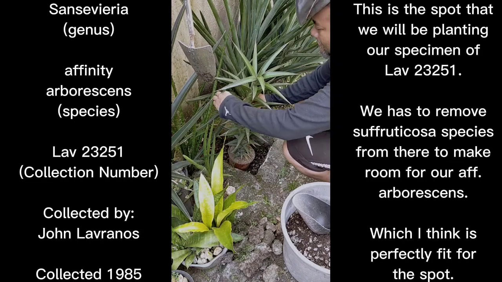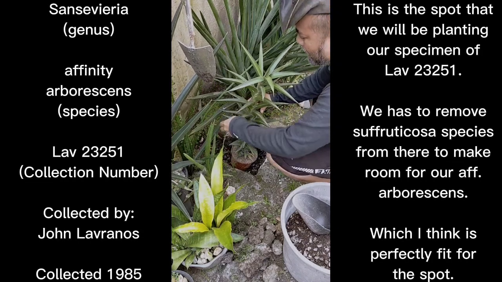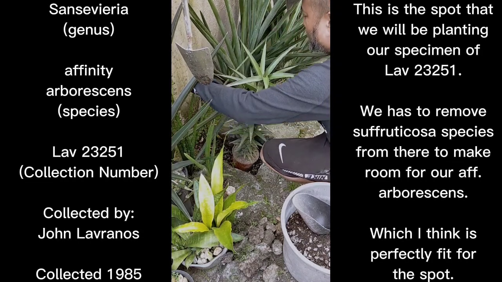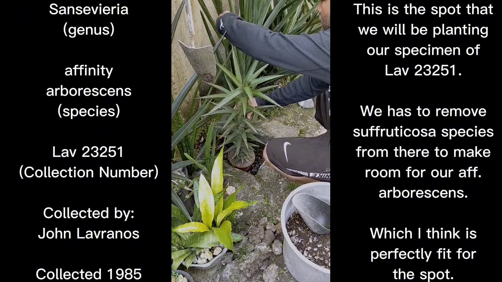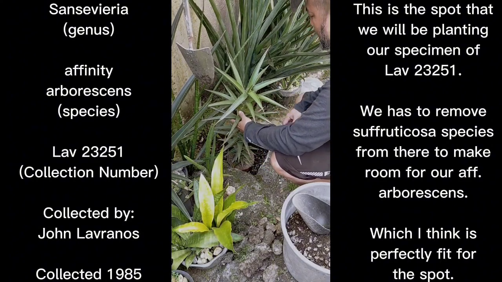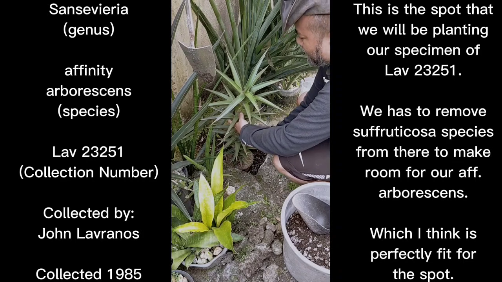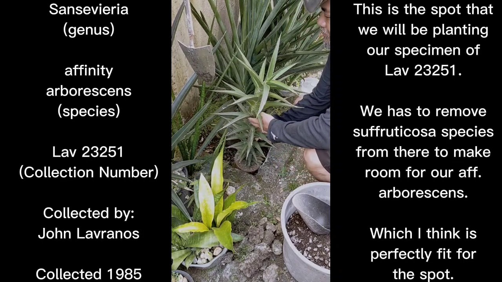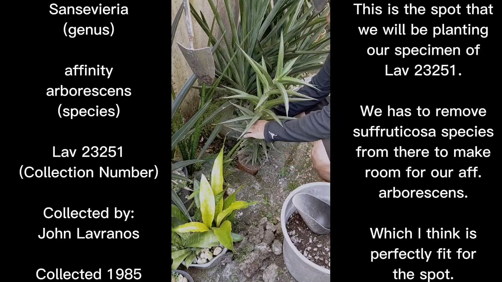So we plan to transfer it to this spot. It's beside a wall. We can hammer some nails on it and perhaps tie it with a rope so that it can stay in place.